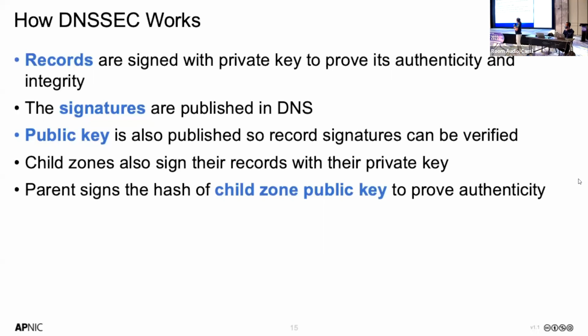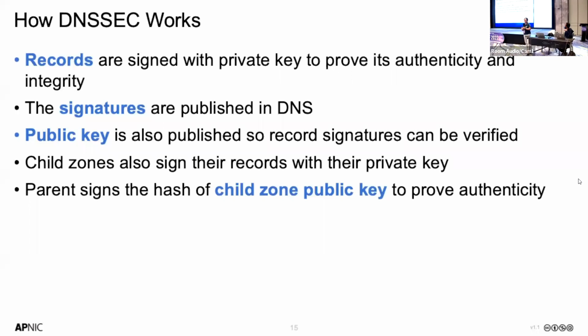There has to be a link between the parent and the child. And again, we should be able to cryptographically verify that that link exists. So we will be adding some records into DNS as part of that. So the question now for you is, if you're familiar with DNS, do we have a place to put those records?